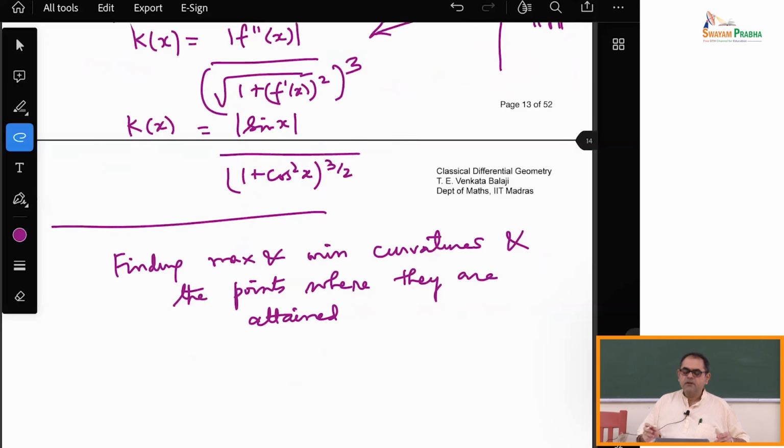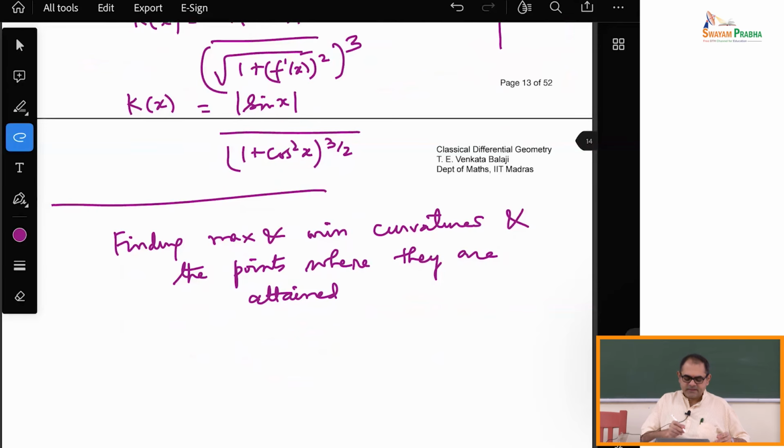So basically you have this function, and of course when I say maximum and minimum curvatures, these are unsigned curvatures. That's very, very important. Let me stress it's unsigned curvature, because if you take the sign, negative values will come in and change the minimum.